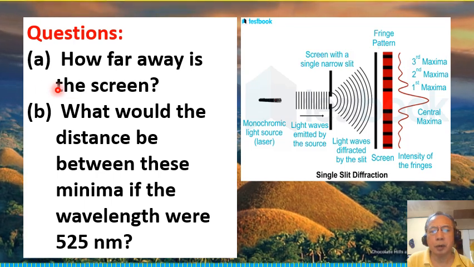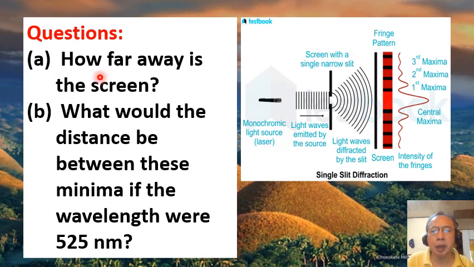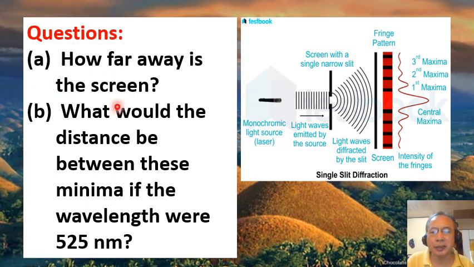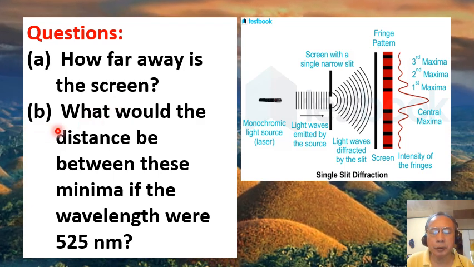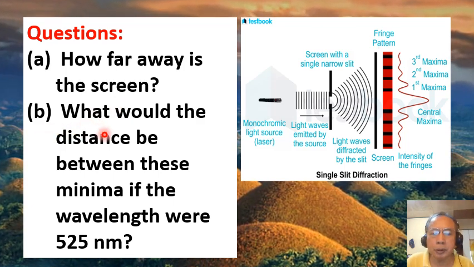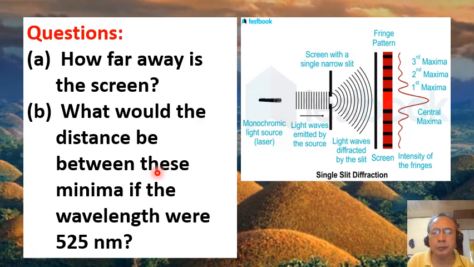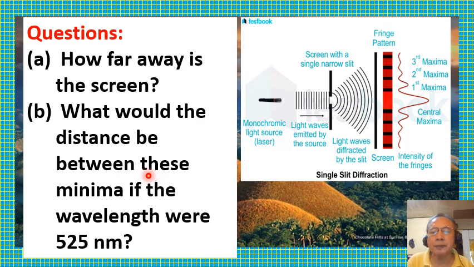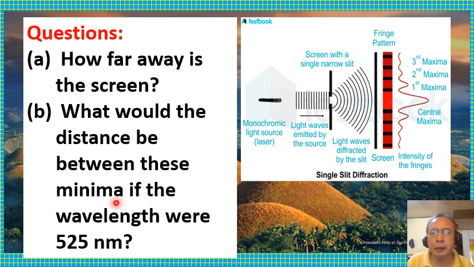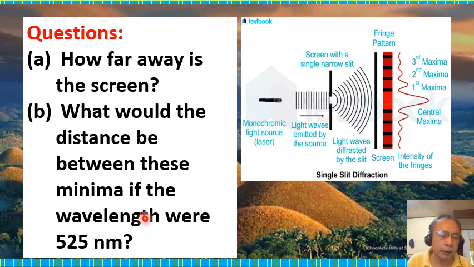The questions are: letter A, how far away is the screen? And question letter B, what would the distance between these minima or dark fringes be if the wavelength were 525 nanometers?